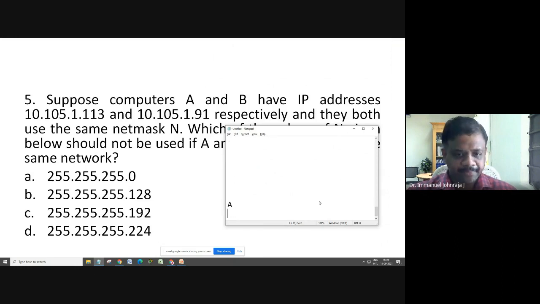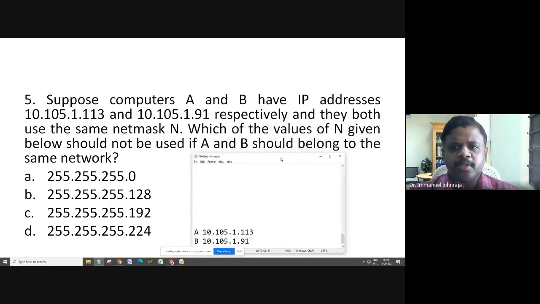One is A, the other computer is B. A has got the IP address 10.105.1.113, and B has got 10.105.191, respectively.